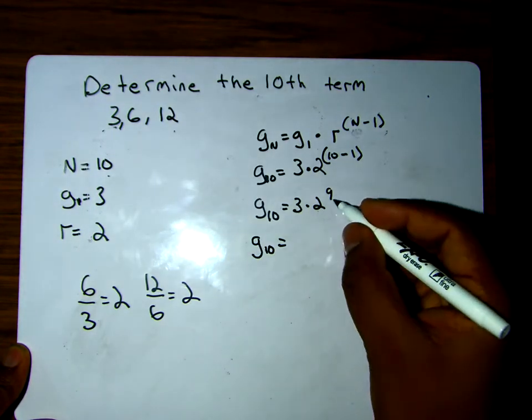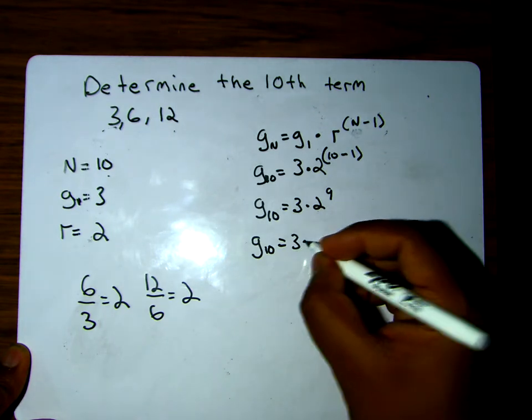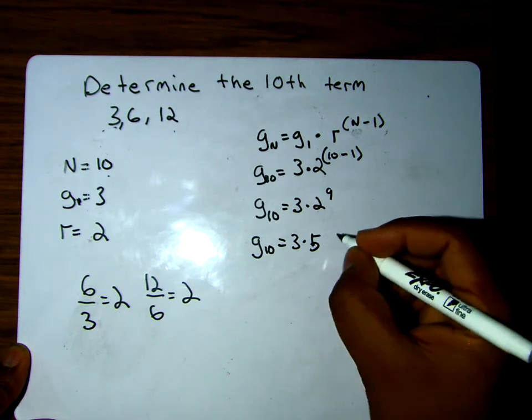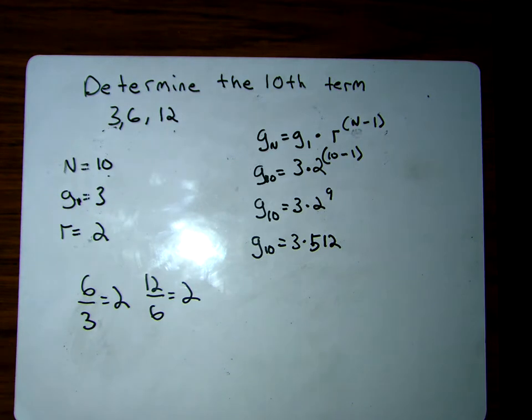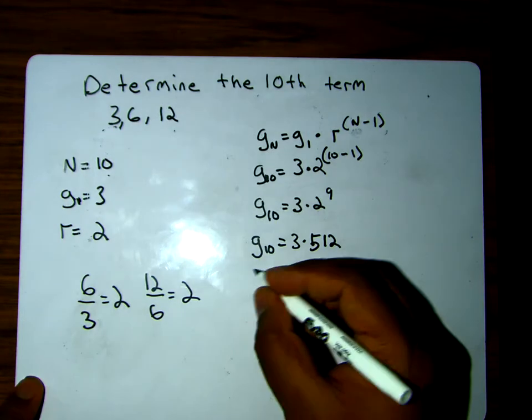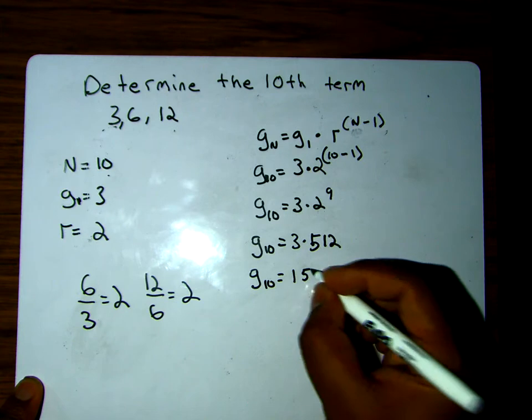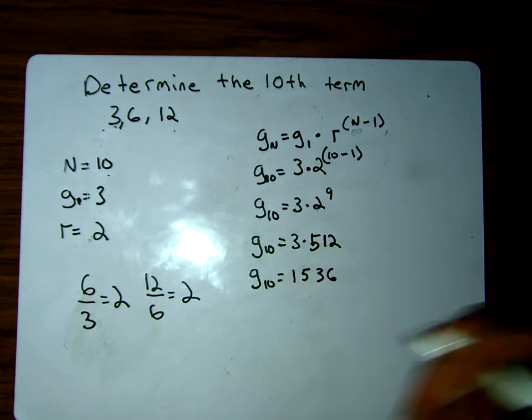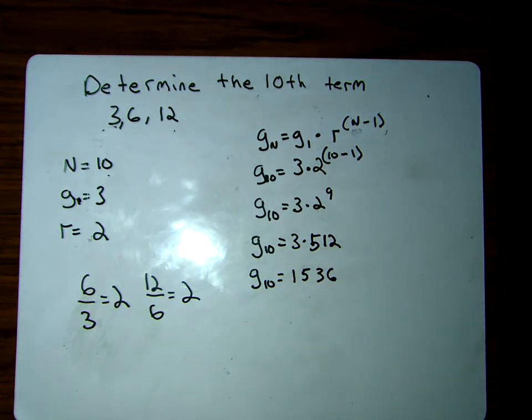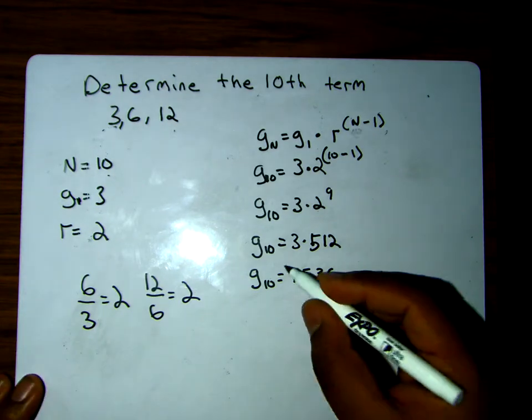And then your 2 raised to the 9th is going to be 512. And then 3 times 512 is going to be 1,536. So this will be your answer here.